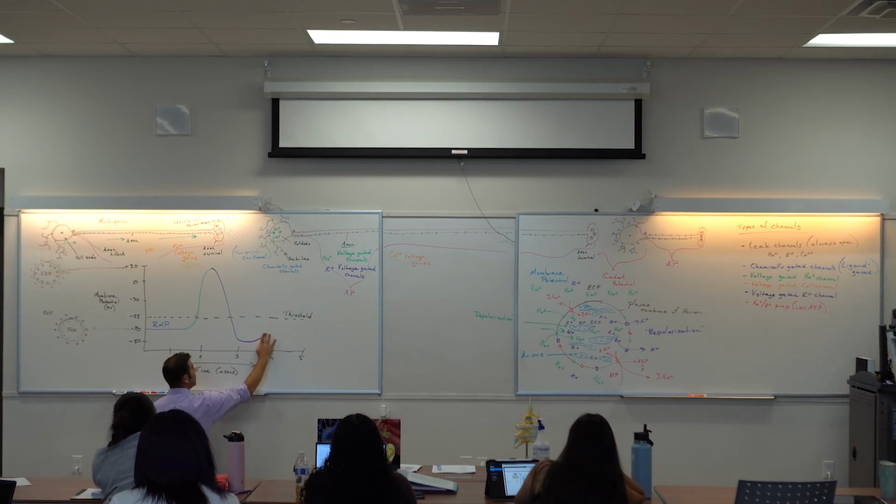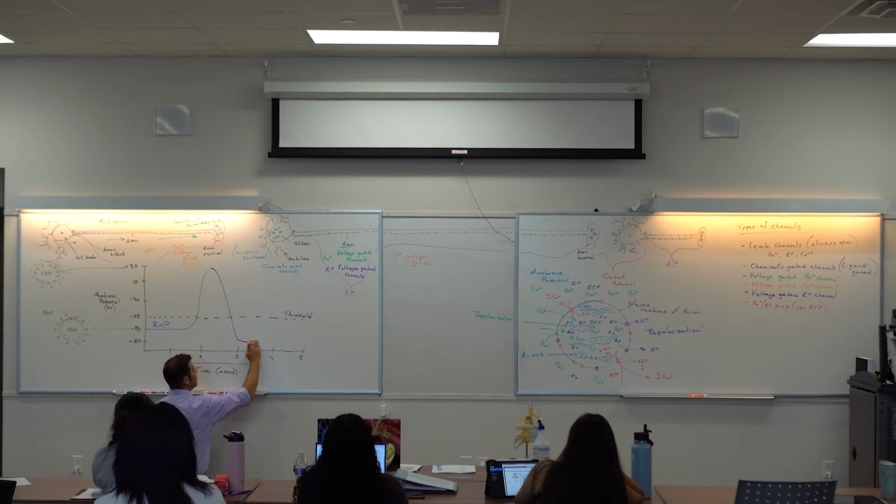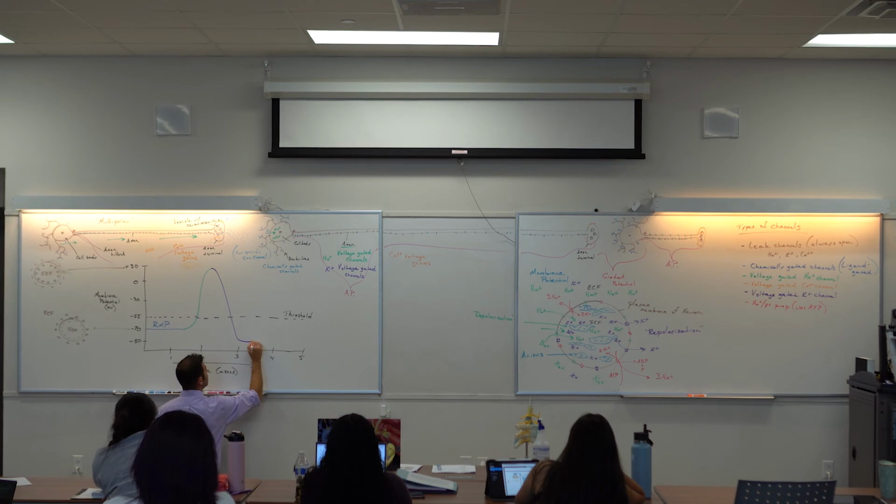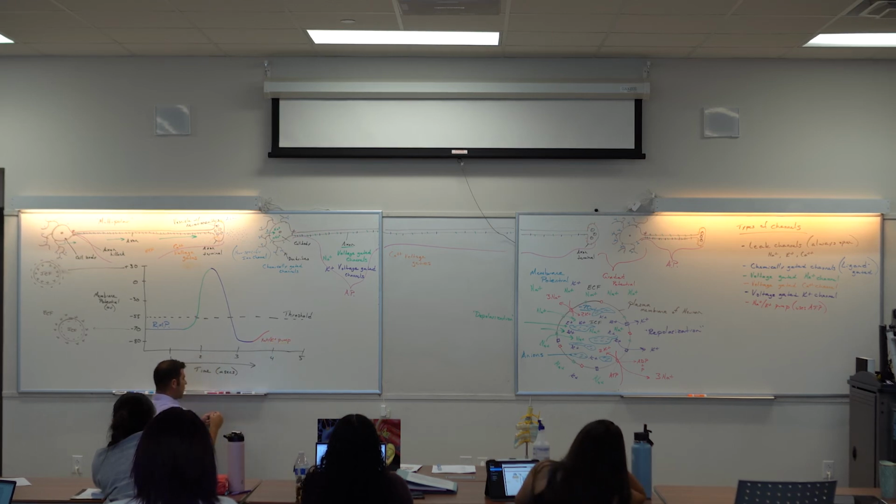And then, to be specific, from about negative 80 up to about negative 70, this is our sodium-potassium pump. We said if we get too far below or too far above resting membrane potential, that sodium-potassium pump keeps us right back where we started, at that resting membrane potential.